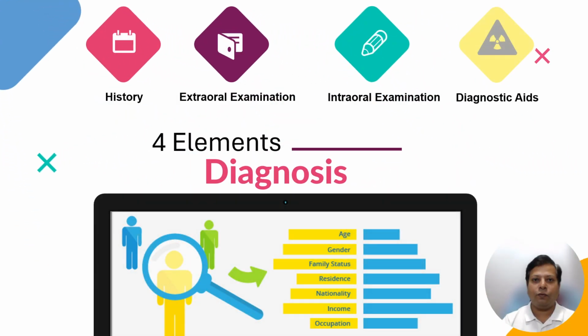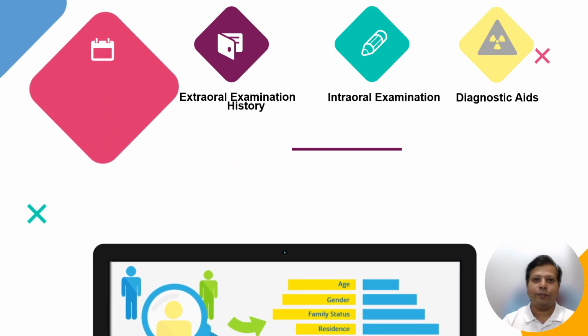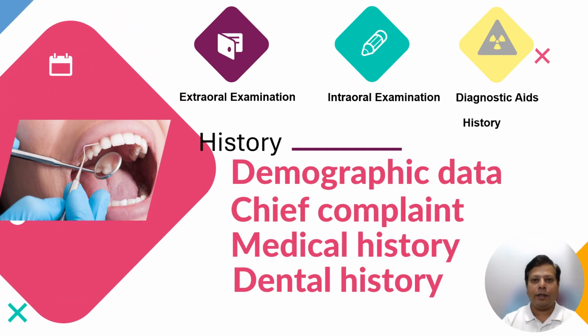We have four important elements in diagnosis, that is the history, the extraoral examination, the intraoral examination, and the diagnostic aids. In history, we cover the demographic data, the chief complaint of the patient, the medical history, and the dental history.